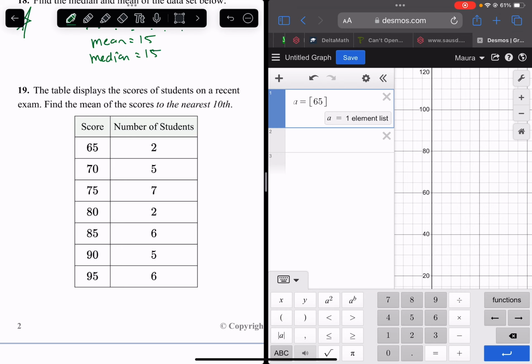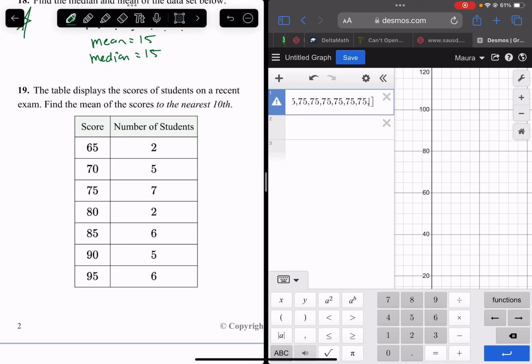So I'm going to do 65, 65, and then I've got 5 students who got 70. And then I got 7 students who got 75. 1, 2, 3, 4, 5, 6, 7.